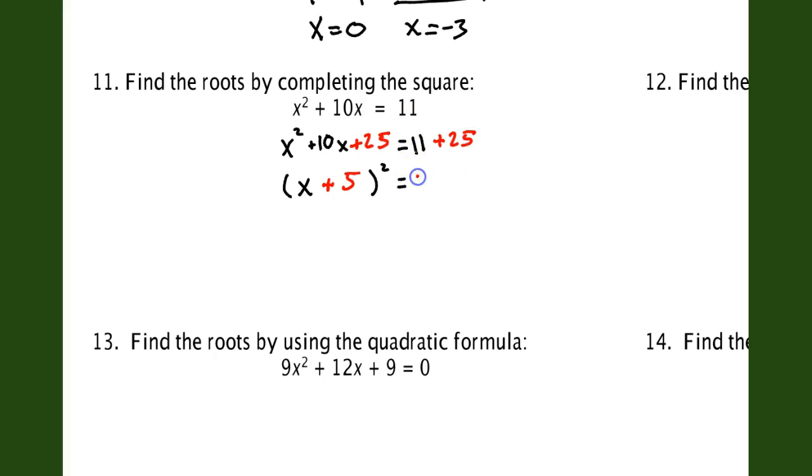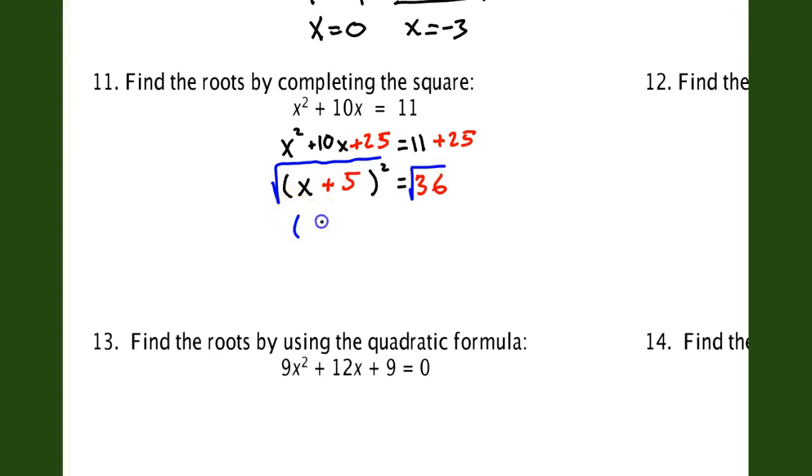Here we get 11 plus 25 is 36. So you saw I started by taking half of b, writing it here, squaring it, writing that here and here, and then just simplifying both sides to give us this value. And now we can solve it by square rooting both sides.